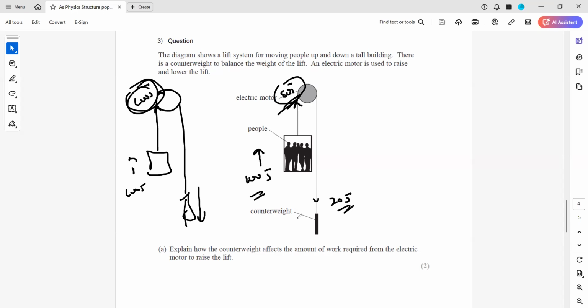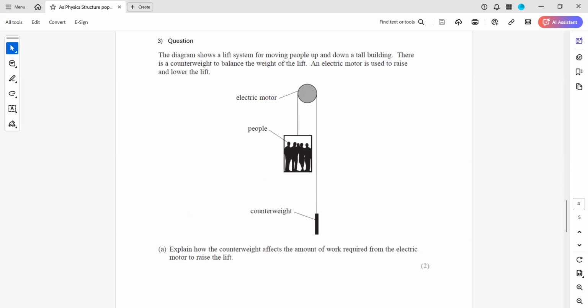So there is less work done by the motor because the decrease in gravitational potential energy of the counterweight provides energy to the lift. Or you can also say the total gain in gravitational potential energy of the lift will be equal to the work done by the motor plus the decrease in gravitational potential energy of the counterweight.